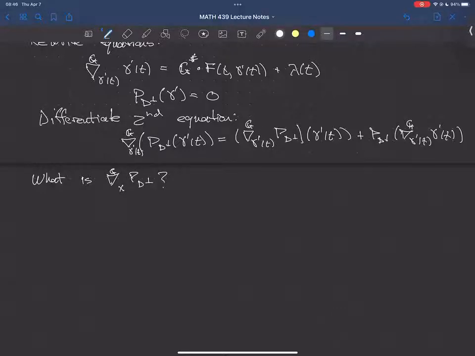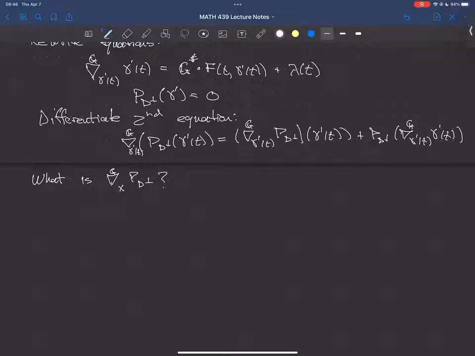So I'll give you the way that you calculate the covariant derivative of this thing P_D with respect to X. The definition that you use really is that you use the fact that the product rule must hold to actually define this thing.